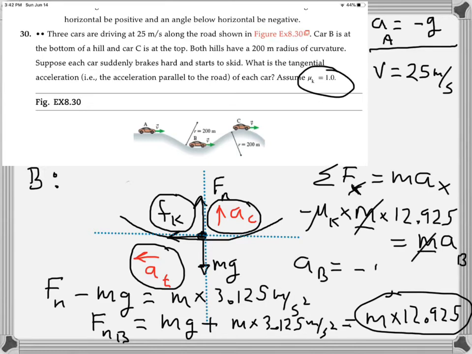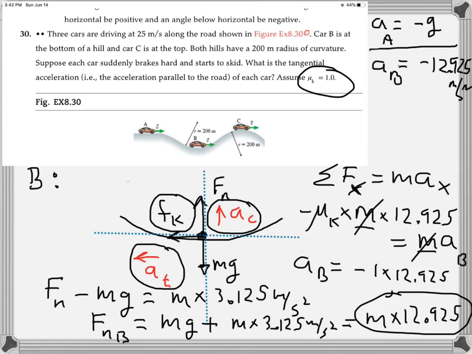And the acceleration for car B is going to be, replace mu k with 1, minus 1 times 12.925. And this is your final answer. The tangential acceleration of car B is minus 12.925 meters per second squared.